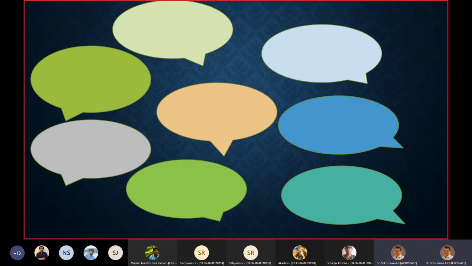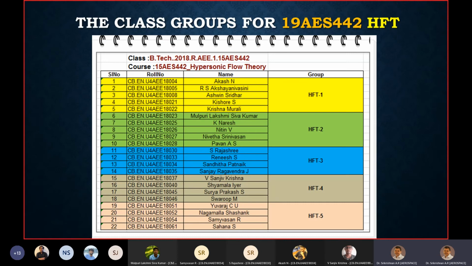I just formed groups of the class. The easiest and most natural way for me was to go by the order of the roll numbers, and I've taken this listing from AUMS.